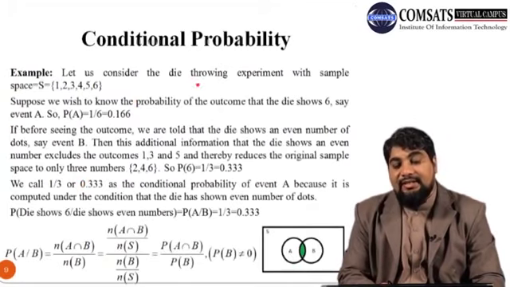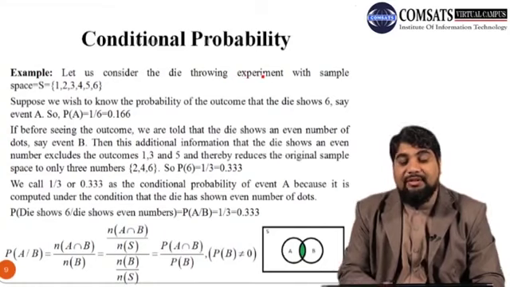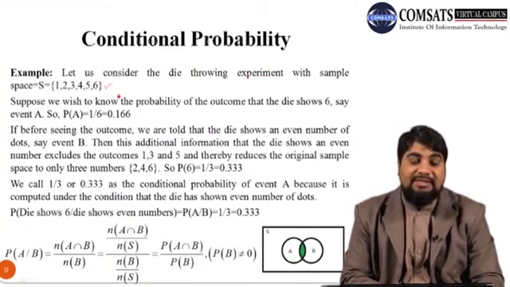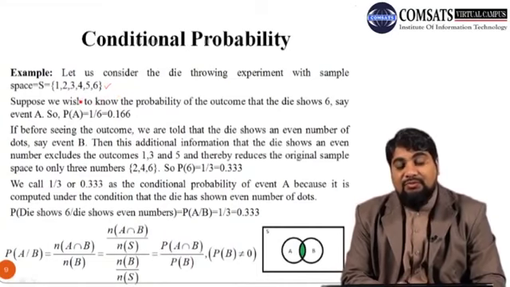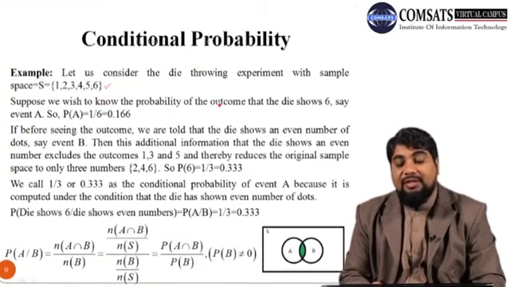So let us consider the die throwing experiment. Here the sample space is 1, 2, 3, 4, 5, 6. Suppose we wish to know the probability of the outcome that the die shows a 6.